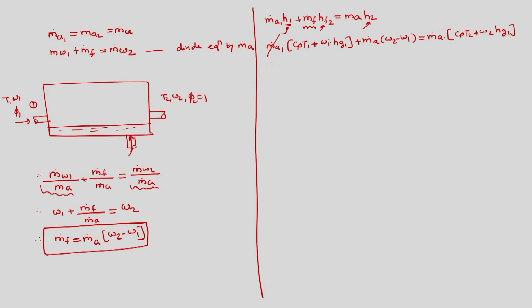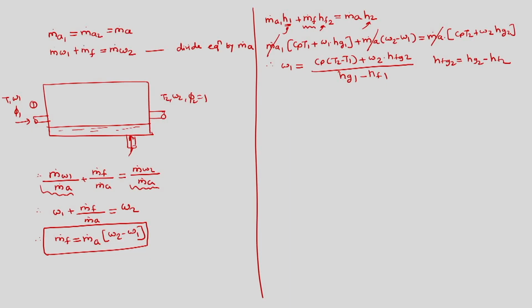So we can remove m dot A from all sides, and then we can put the expression in terms of omega 1 as: omega 1 is equal to Cp into (T2 minus T1) plus omega 2 into Hfg2, divided by (Hg1 minus Hf1), where Hfg2 is equal to Hg2 minus Hf2.